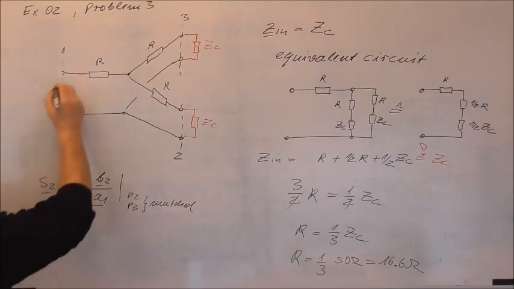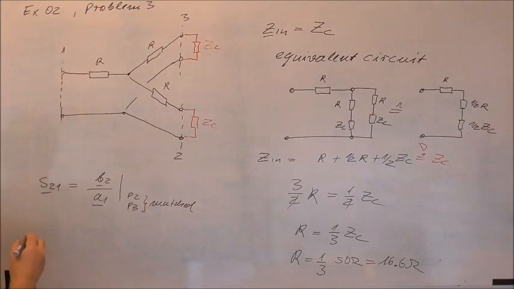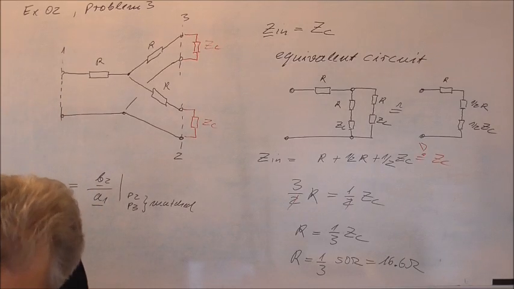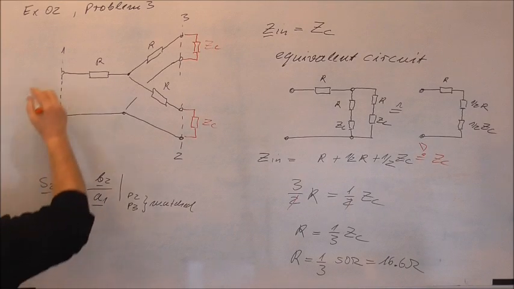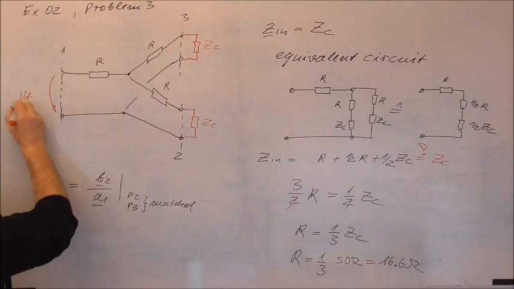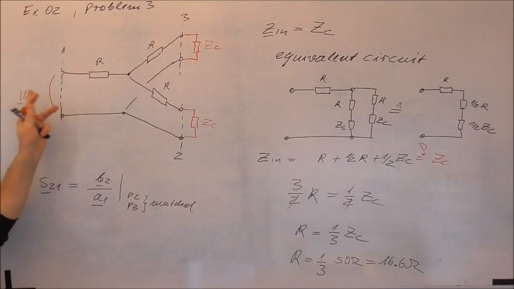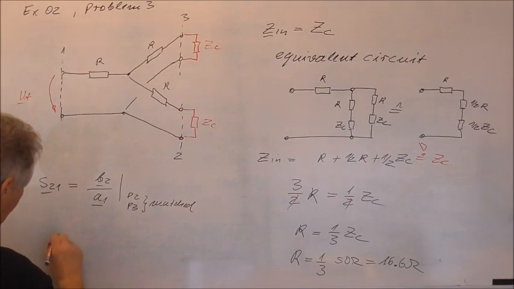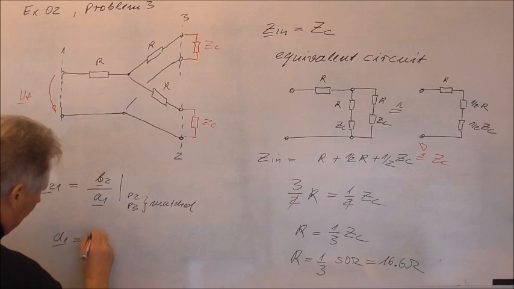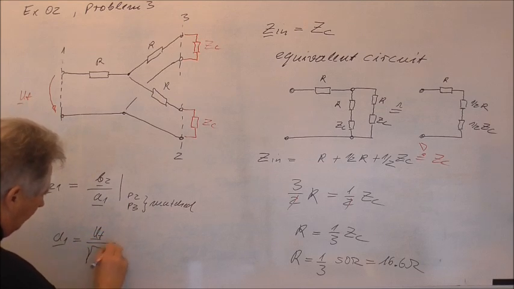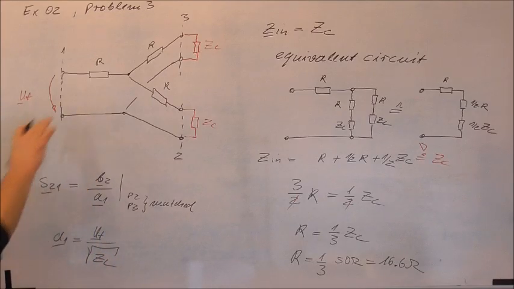To realize now the incident wave, we must in principle apply here a forward traveling voltage UF, and this forward traveling voltage will result in an A1, which will be equal to the forward traveling wave voltage divided by the square root of ZC, in our case 50 ohm.